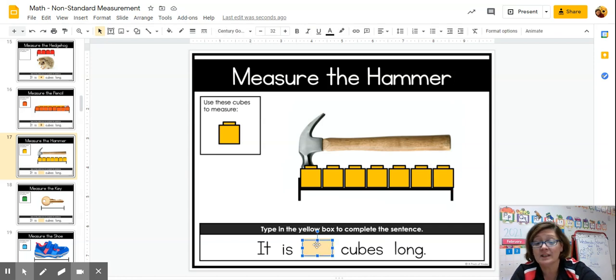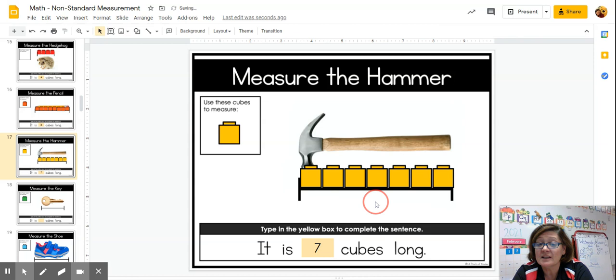Oh, wow, I was off again. So let's make this sentence. Let's read it. It is 7 cubes long. Wow. Okay. It was longer than what I thought. Goodness.